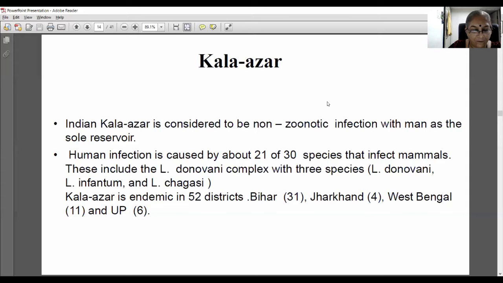It is a zoonosis in Sudan, and Leishmania donovani infantum infection is sporadic, and the vectors are Phlebotomus major, longicuspis, perniciosus, etc.